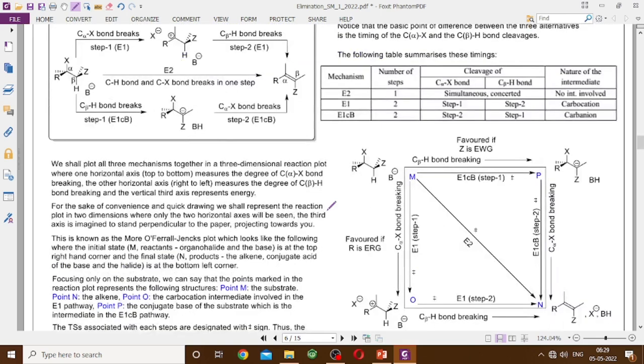যদি আমরা এটাকে একটা 3-dimensional এনার্জি ডায়াগ্রামে প্লট করতে চাই, যে ডায়াগ্রামের এনার্জি অ্যাক্সিসটা is projecting towards you and therefore you can't see it, but we are not very interested in that energy axis.